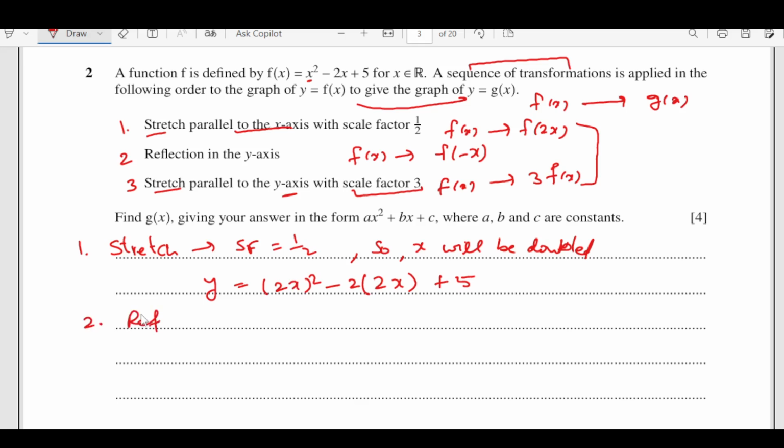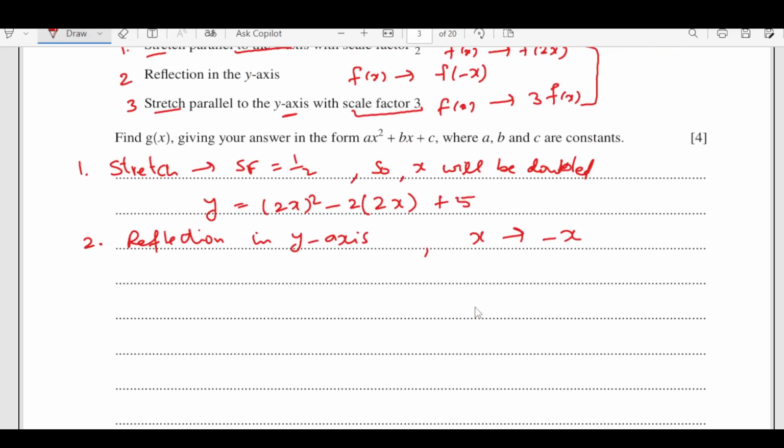So for reflection in y axis, x is going to become negative x. We are just writing this equation again, y equals, now we will change the sign inside the bracket.